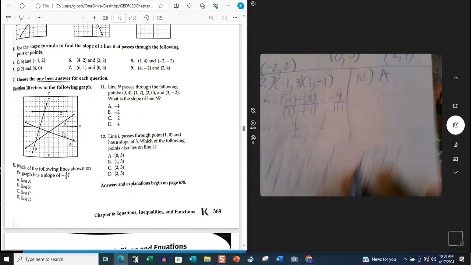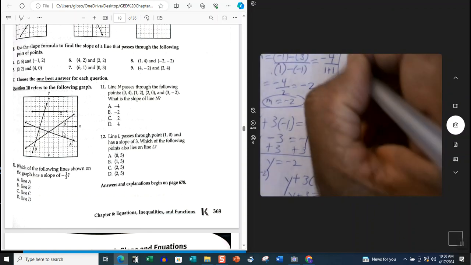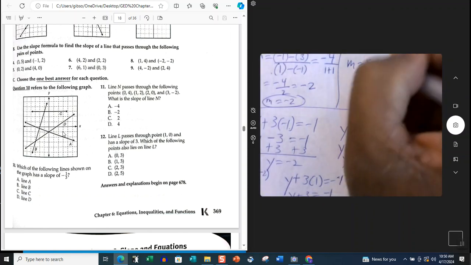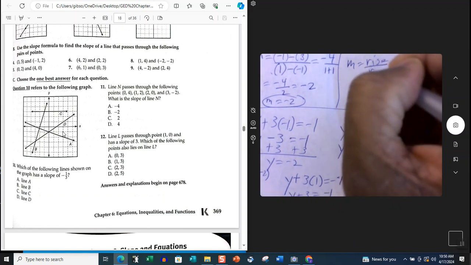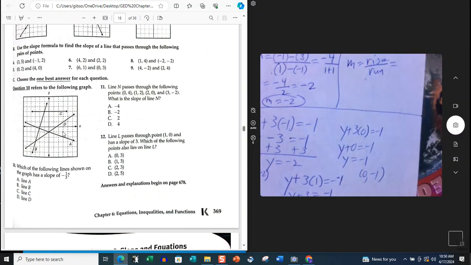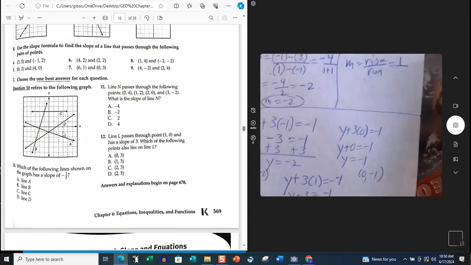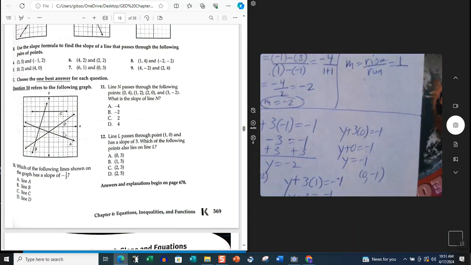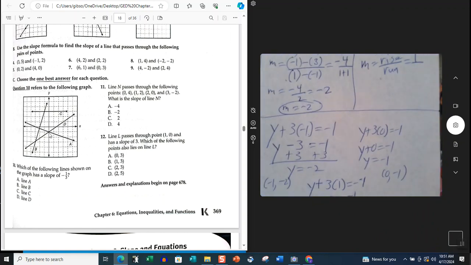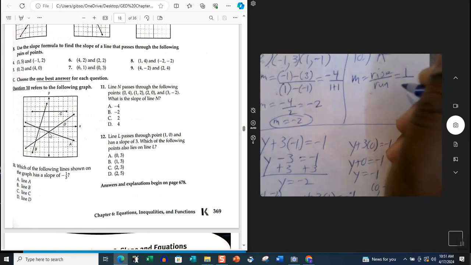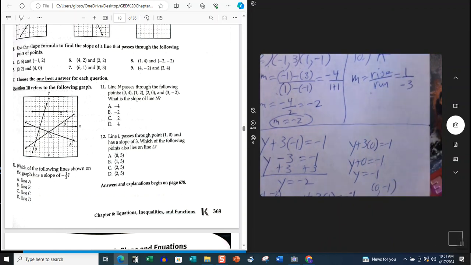Remember, the slope is rise over run. So we rose 1, so 1 would be your numerator. Now we run. We go 1, 2, 3, but we went 3 to the left, so that means it'll be negative 3. So that's how you get a negative 1/3.